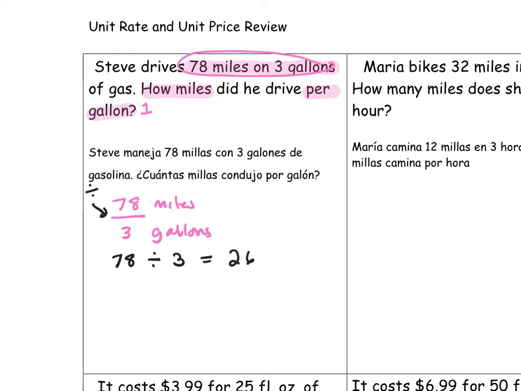So we're going to write Steve drove 26 miles per gallon. Or you could say for 1 gallon if you prefer. So that's our answer. So I'd like you to try the next word problem on your own.